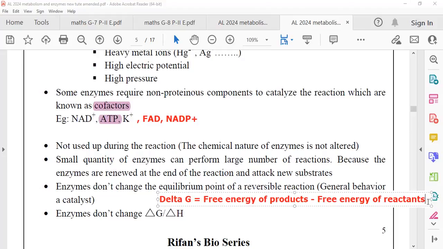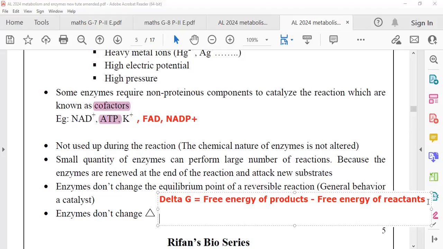That energy amount, enzyme doesn't change it. Okay. A is turning to B. A has 1000 joule free energy. B has 800 joule free energy. What is the change in energy when A becomes B? 200 joules. With or without enzyme, that 200 will be there. Understood?